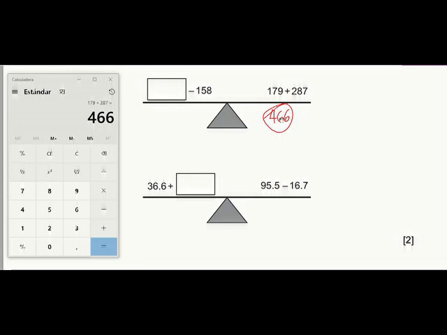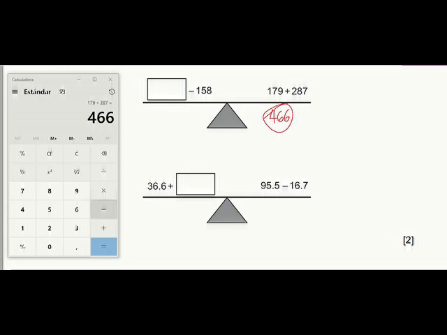And now, what are we going to do here? So what number minus 158 will be 466? So what do I have to speculate? No, I am going to say 466 plus 158. So that's what I'm going to do in my calculator.